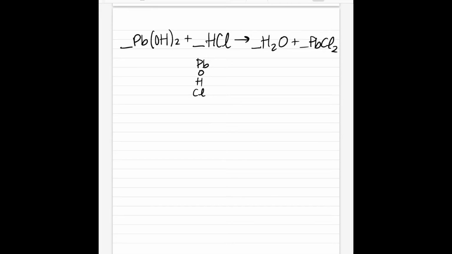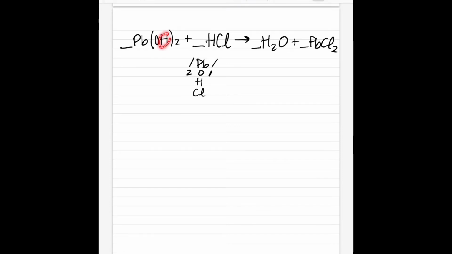All right, so let's go ahead and get our tally. We've got one lead on the left and one lead on the right. We've got oxygen. We've got 2 of these because this 2 goes for the whole thing, so I've got 2 oxygens, and over here on the right side, we have 1 oxygen. Hydrogen, this is the only time you're going to add, when you have hydrogen in multiple places.